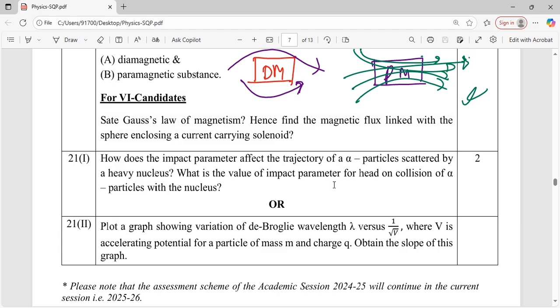What is the value of the impact parameter for a head-on collision of an alpha particle with the nucleus?